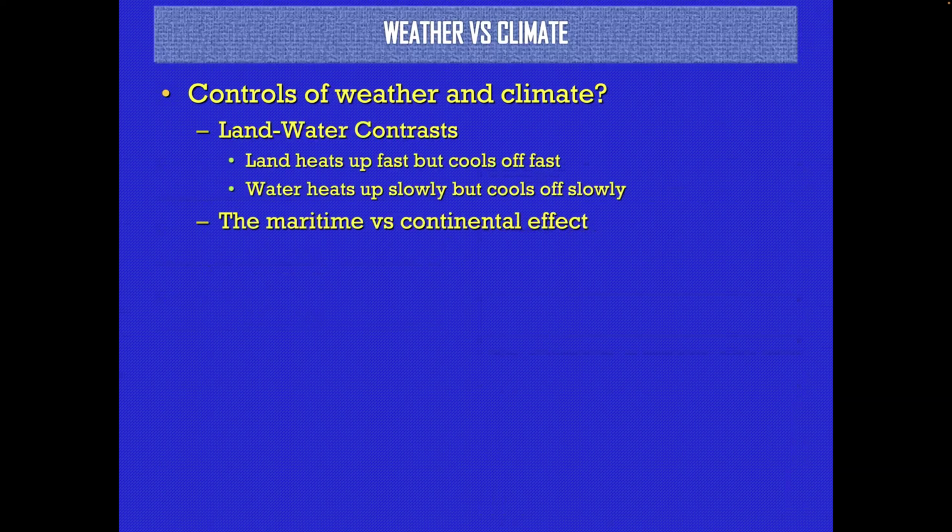Another control would be land-water contrasts. Land heats up fast, but cools off fast. Water heats up slowly, but it cools off slowly. So this maritime versus continental effect means something.